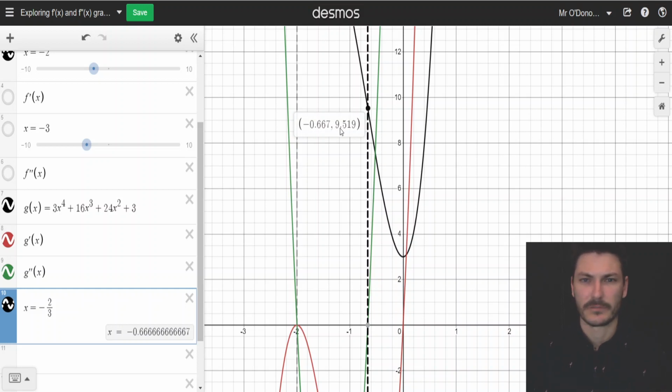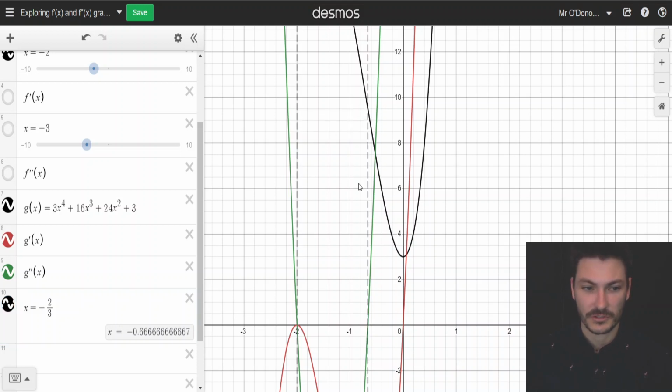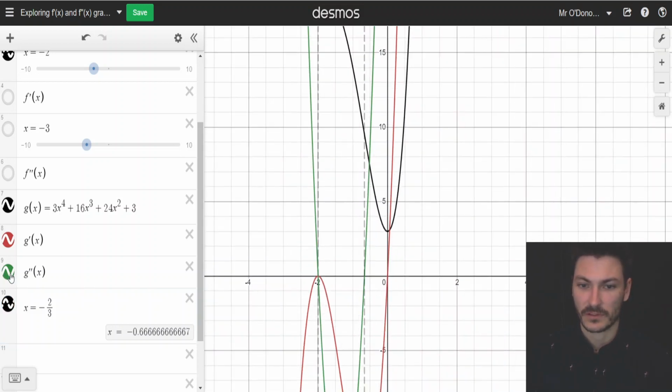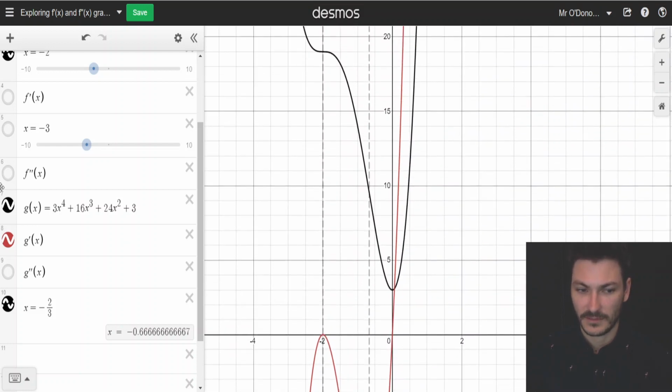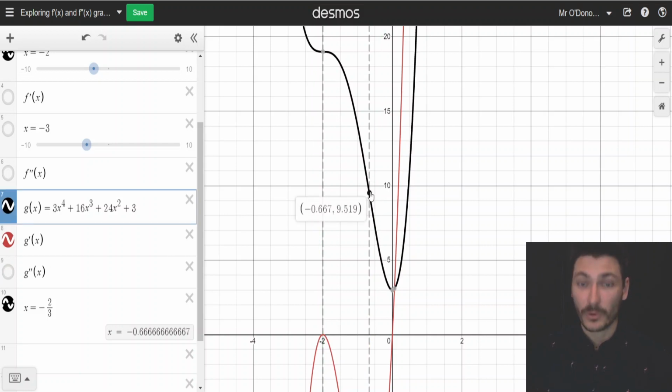-2/3 and 9.519. Now, the y coordinate is not as interesting right now because all I want to show you is that if I turn off the second derivative now that I've used it, this second intercept of the second derivative corresponds to the point of inflection here between this concave down nature of the curve and the concave up nature of the curve at this local minimum, or absolute minimum in this function's case.